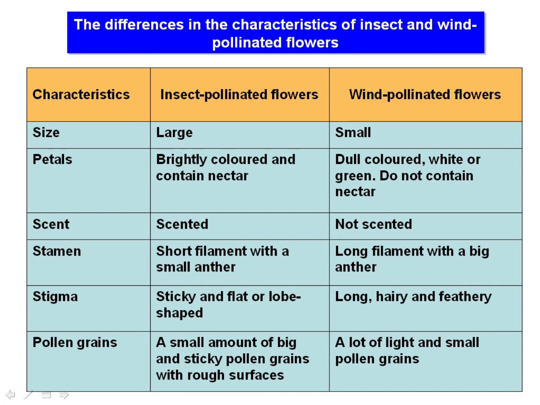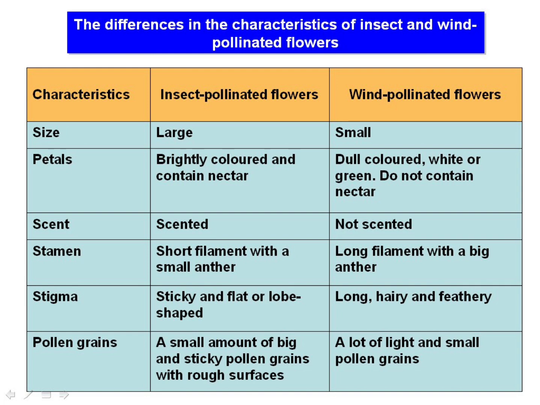The insect pollinated flowers are generally large, whilst wind pollinated flowers are small. In insect pollinated flowers, the petals are brightly colored and contain the nectar, whilst for wind pollinated, they are dull colored and do not contain the nectar.